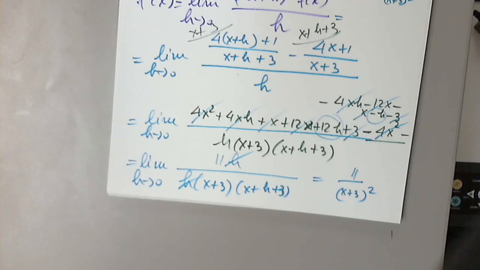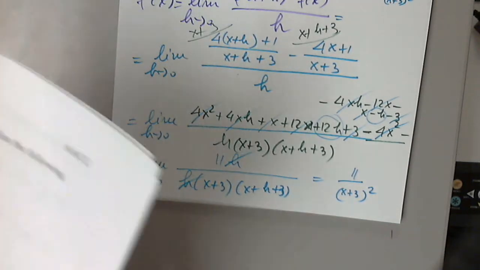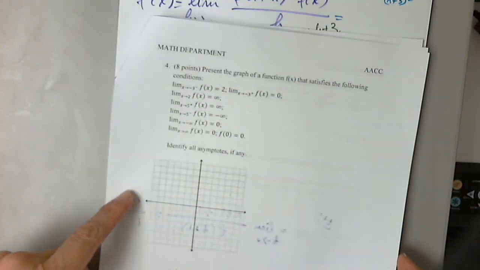It's the end of the semester, so we want test 1, number 4, where we have to present the graph of a function to satisfy conditions. Yes. So let's do that.